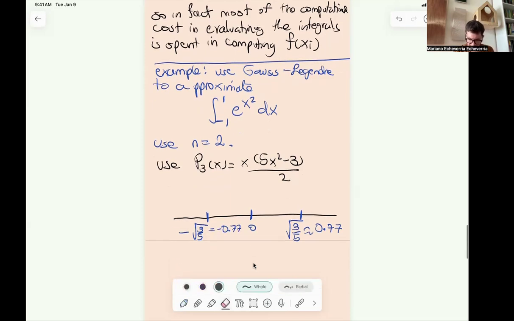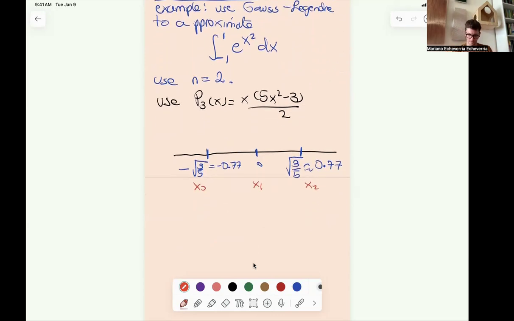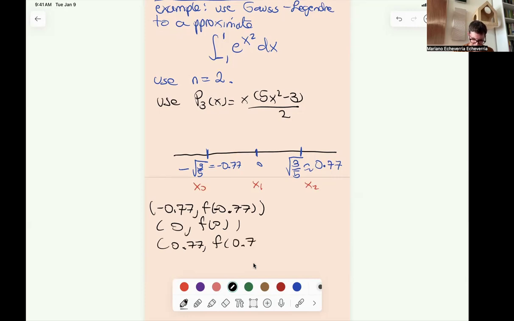Okay. Just to stick to the notation we have been using throughout the course, this is my x0, this is my x1, and this is my x2. So the points are minus 0.77, f of minus 0.77, then 0, f of 0, and then 0.77, f of 0.77.